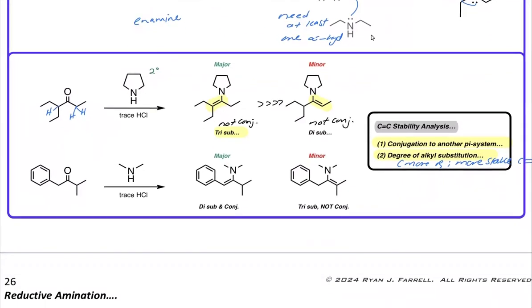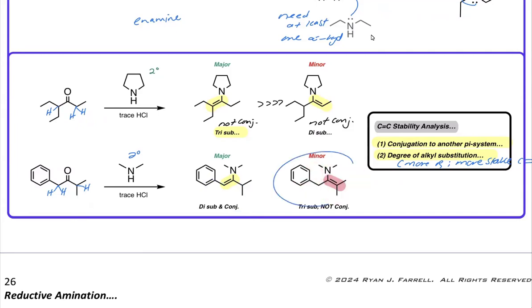Looking at the bottom example, I'm again reacting with a secondary amine, and I'm recognizing that there are two alpha positions, both of which have alpha hydrogens. If we imagine the pi bond forming to the left, notice how that's conjugated with the benzene ring. So we have that conjugation, and it's di-substituted. If the pi bond instead forms to the right, notice how the pi bond there is not conjugated to the benzene ring.